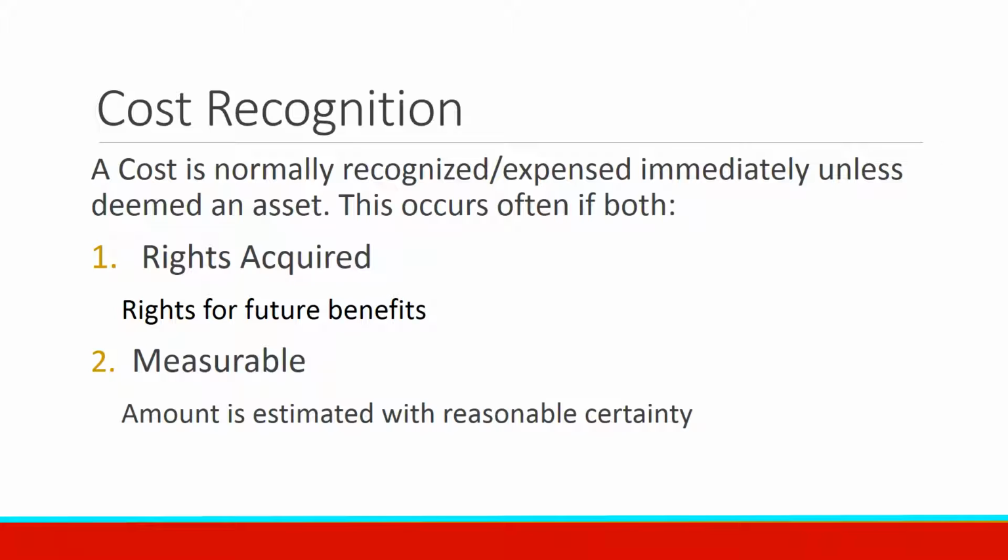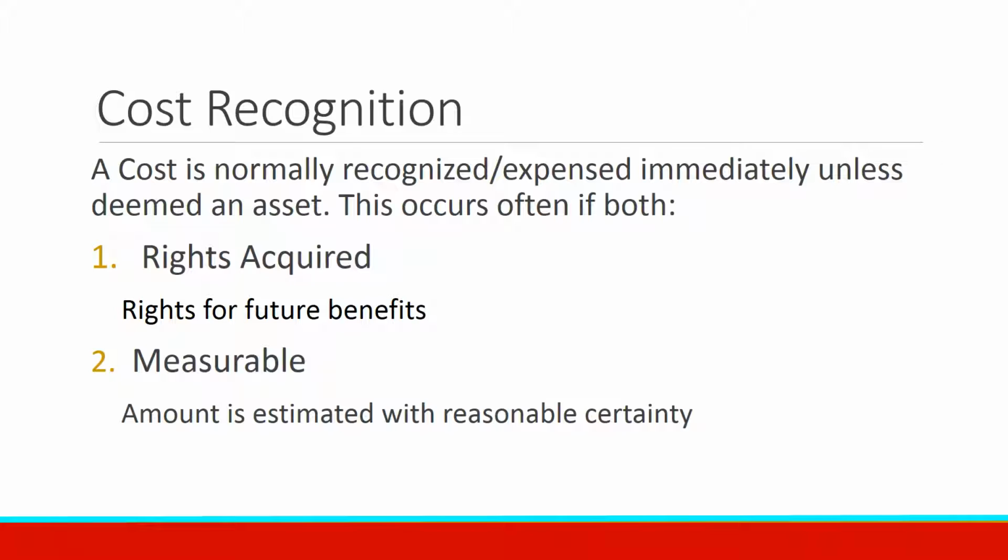Rather, what they would prefer to do is to say an expense does not belong in the current period. Instead, it belongs to a future period, and they would like to store it as a cost on the balance sheet as an asset. Therefore, the kinds of criteria that we're going to look at is whether we can deem a cost to be an asset.